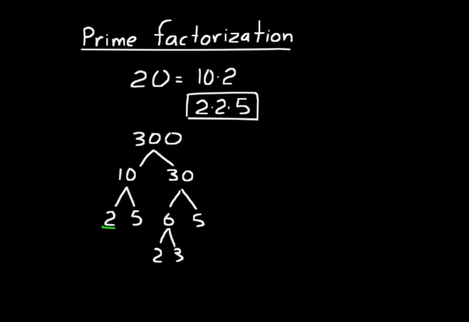So this number, this one, this, and this, those are the prime factors. Now let's just rewrite this. Let's write them in numerical order. You don't have to do it that way, but let's just go ahead and do that. It just kind of looks nicer. You have 2 2s, 1 3, and 2 5s.